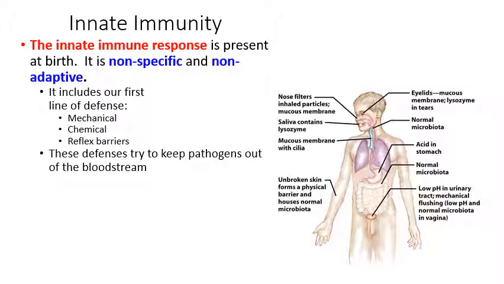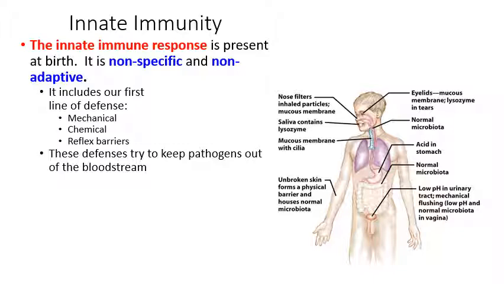So examples of mechanical or physical barriers would be things like your skin. So skin is a really good physical barrier that's going to prevent pathogens from entering your body. Your mucous membranes are also going to be good physical barriers that prevent things from getting in your body, things like nose hairs and eyelashes and stuff like that, that just kind of acts as a protective barrier.